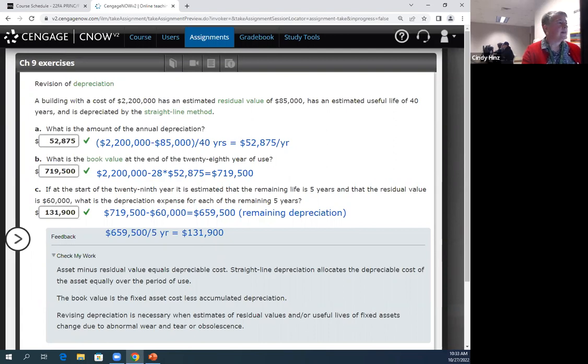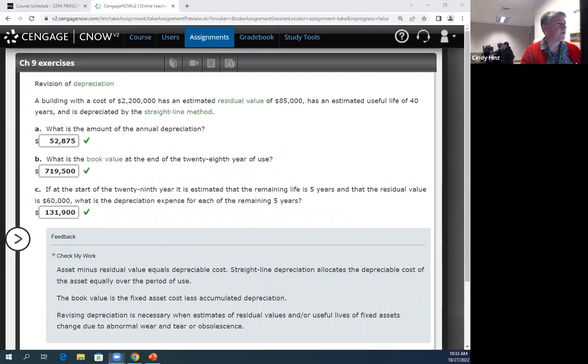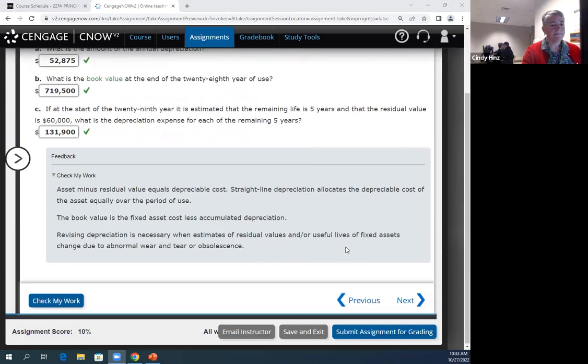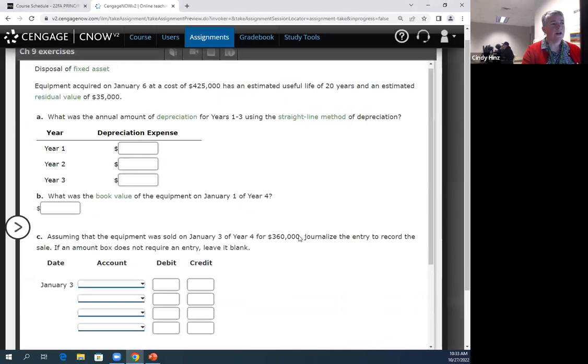So I told you last class that what we were going to do for this first portion of the chapter is to go through the entire life cycle of the fixed asset. And so we talked about how do you make the decision that you're even going to buy this asset, because you do the cost benefit analysis and it's worth it to us. It's a good investment. It will help us make more money or save more money.